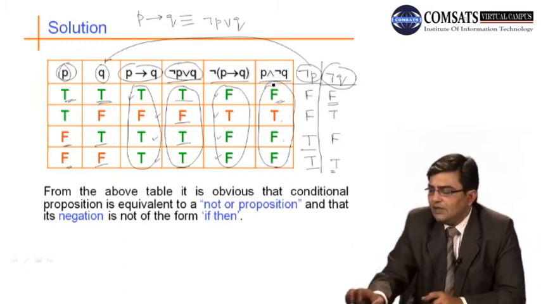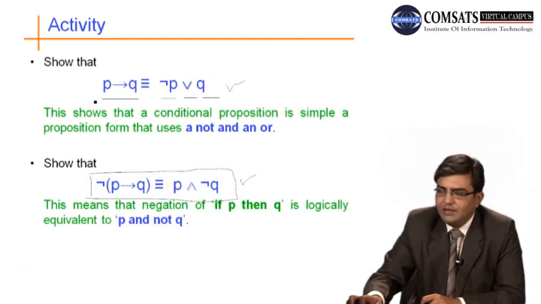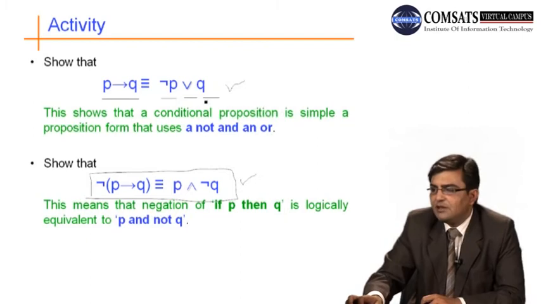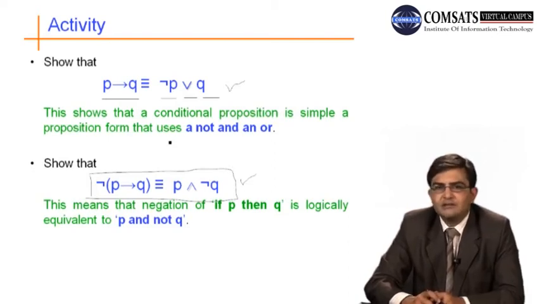So the negation of P implies Q is logically equivalent to P and not Q. This shows that the negation of a conditional statement can be written in the form of simple operators, which are and, or, and negation operators.